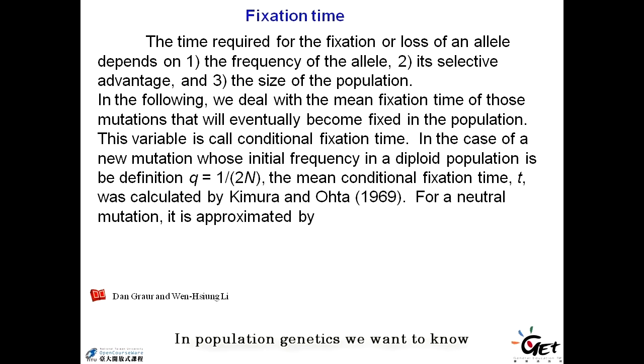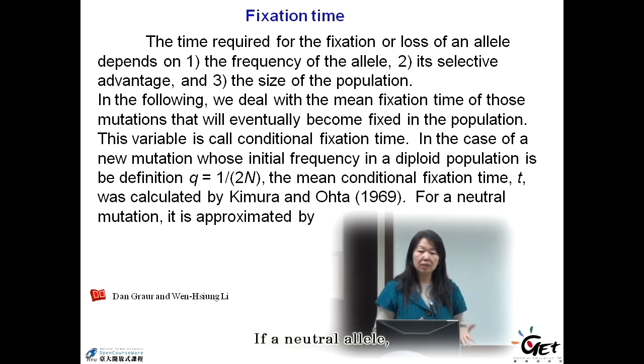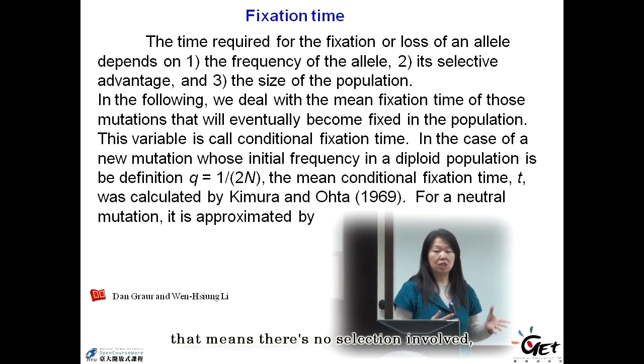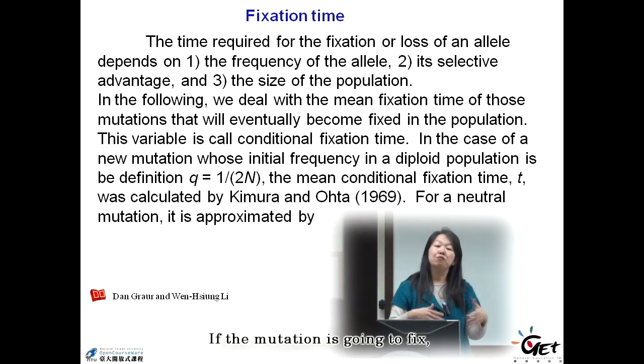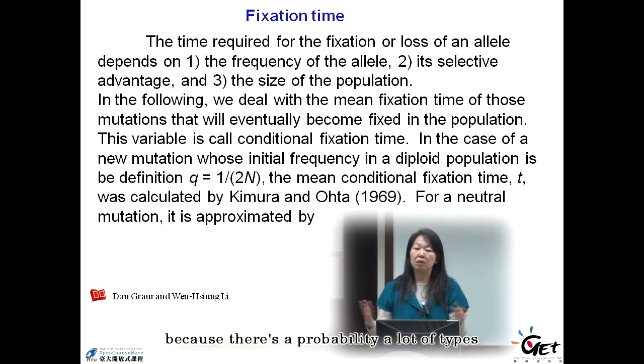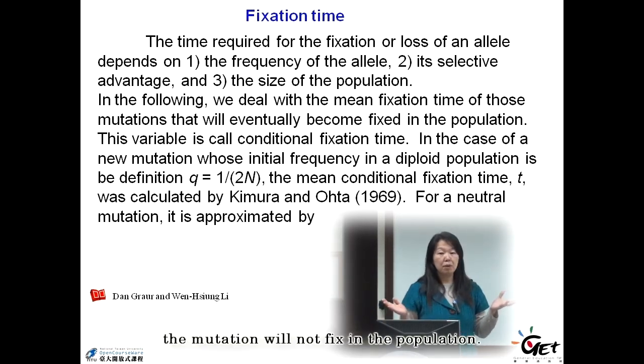In population genetics, we want to know how long it will take. If a neutral allele, that means there's no selection involved, how long will it take for a new mutation to fix? Because a lot of times the mutation won't fix in the population.